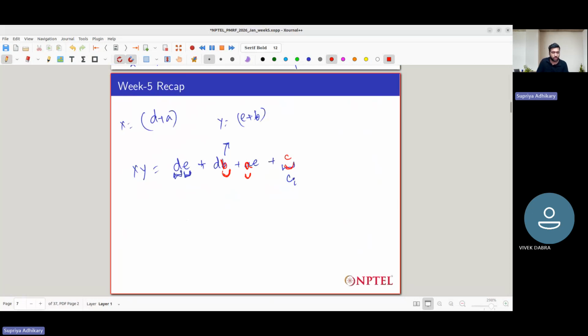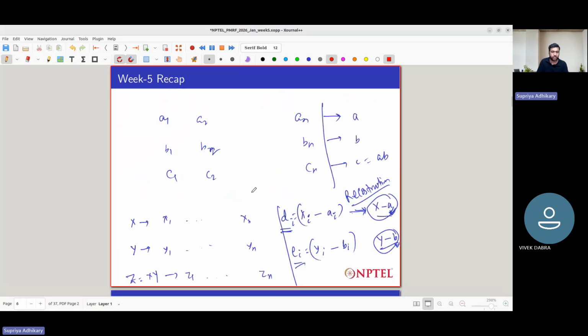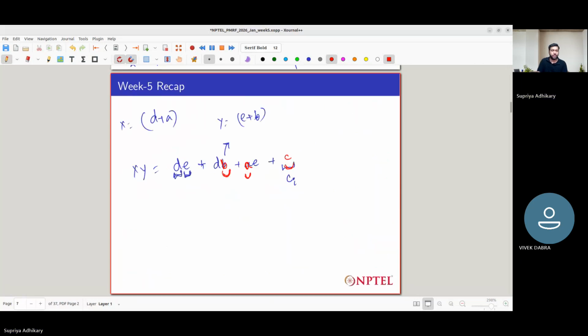Therefore, this multiplication of X and Y is nothing but a linear combination of A, B, and C. And since all of their shares are available with us, we can just apply this linear combination on those particular shares.